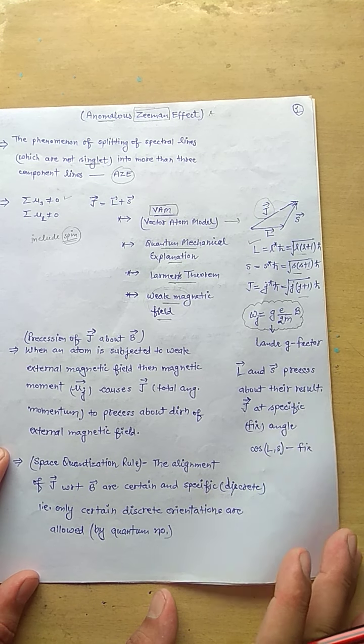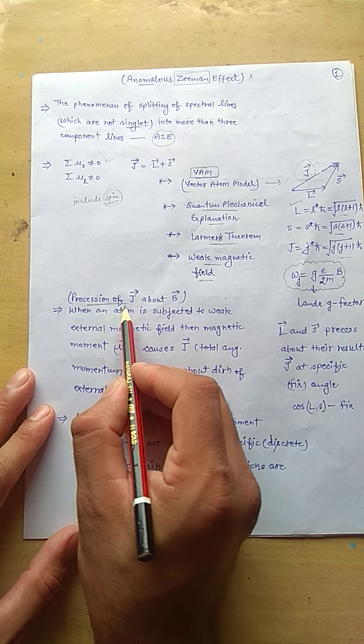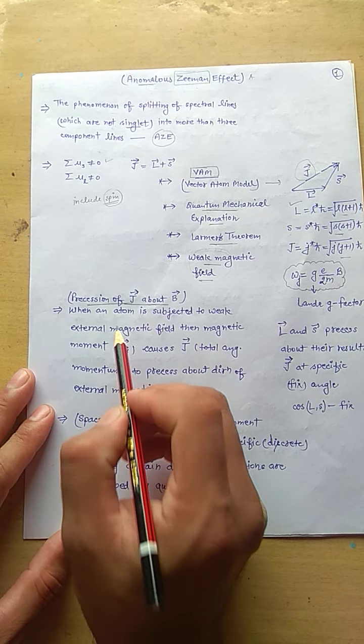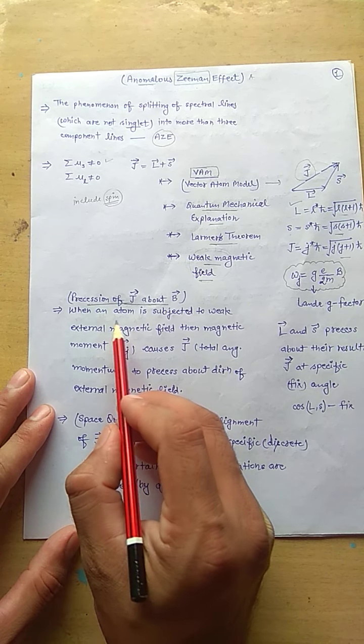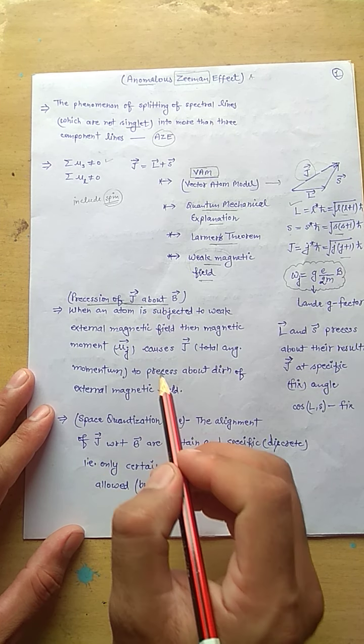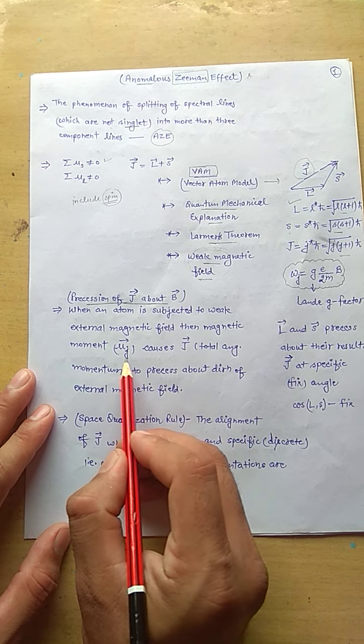Firstly, see the precession of J about B. What is the meaning of precession? When an atom is subjected to an external magnetic field, then what will happen?